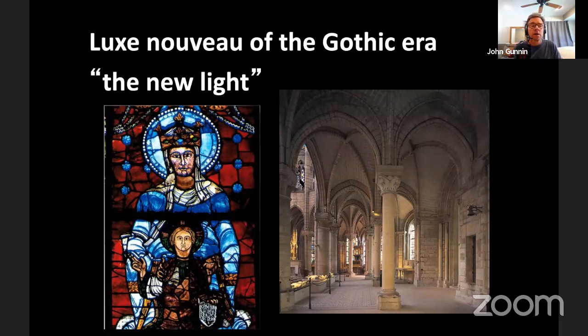And so that happened, of course, because of this new motivation of letting light in, having light be symbolic or metaphorical for the light of God, the lux nova, the new light, and also for this medium of communicating religious messages, which was featured in Gothic stained glass, as you can see there.